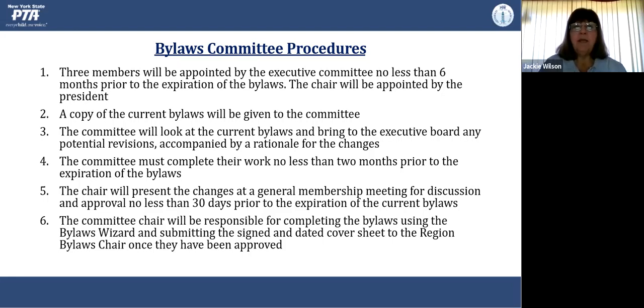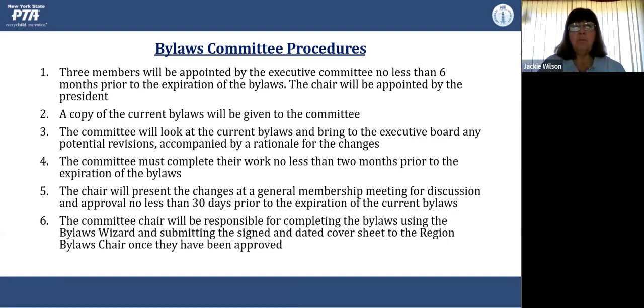But unless it's stated in procedures, what happens is the bylaws go through the wizard and then nobody remembers who was responsible for them. It's brought to the membership, but then nobody sends the signed cover sheet to the region bylaws chair, and all of a sudden it's past January 1st and your bylaws have expired.